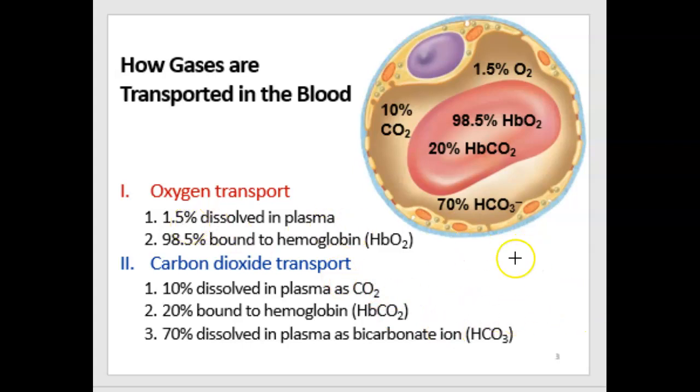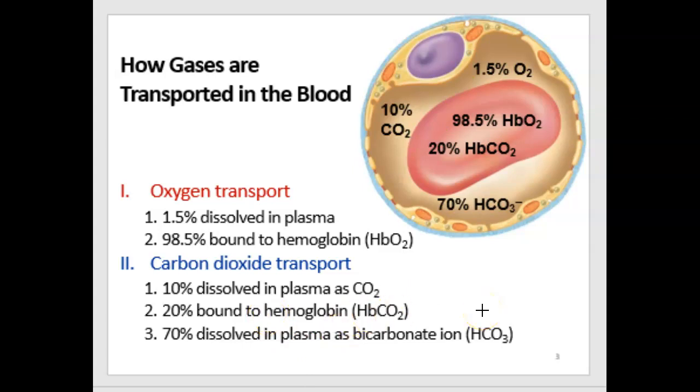Some of it is just dissolved freely in the plasma, even though it's not very soluble, but that's only 1.5% of all the oxygen in your blood. The majority, 98.5%, is carried on hemoglobin. It is bound to hemoglobin. So oxygen is transported in two ways.